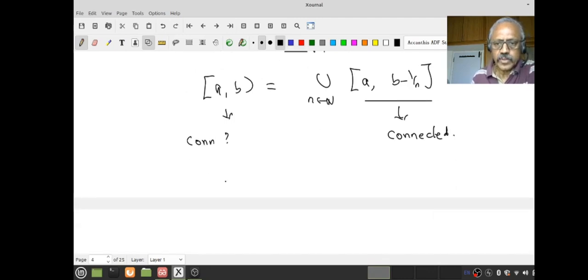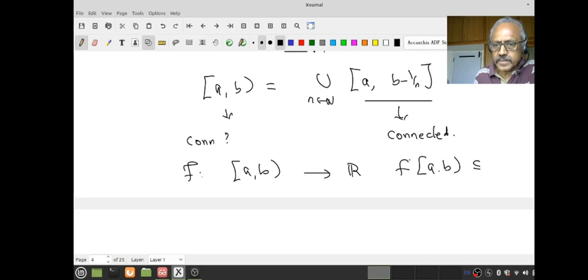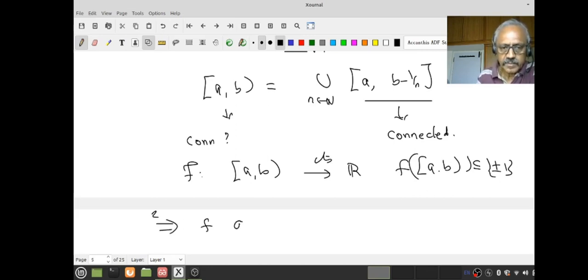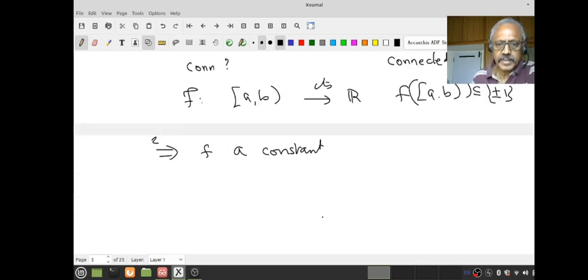So what do I have to do? I have to look for a continuous function f, suppose f from [A, B) to plus or minus 1 is continuous. Then I have to prove f is a constant. Let us do that.